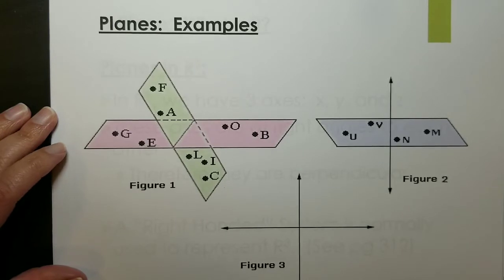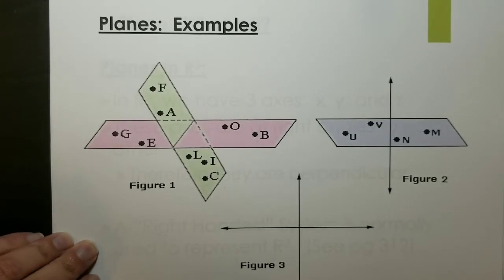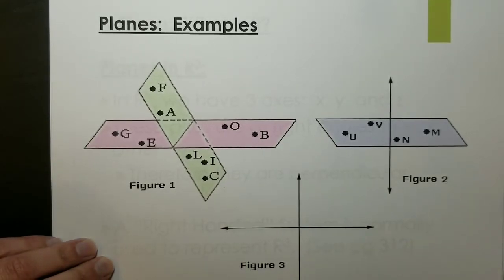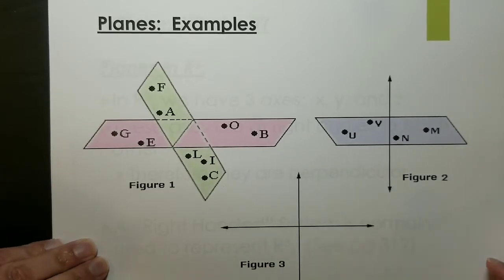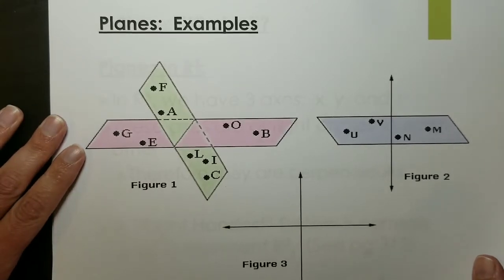The XY plane that we are really accustomed to, though, is not the only plane out there. It's the one that we use a lot, especially in early math, but planes can be any 2-dimensional surface that extends forever in all directions. And we're going to learn a lot more about planes as we get into Unit 3 in this course. For now, though, what we want to do is extend our idea of planes into 3 dimensions.